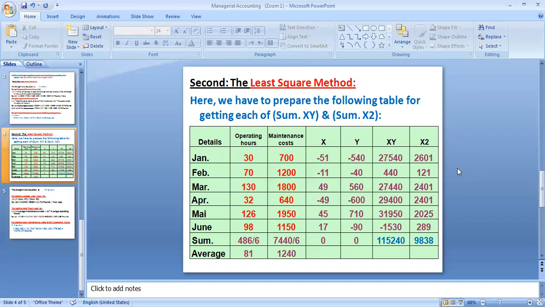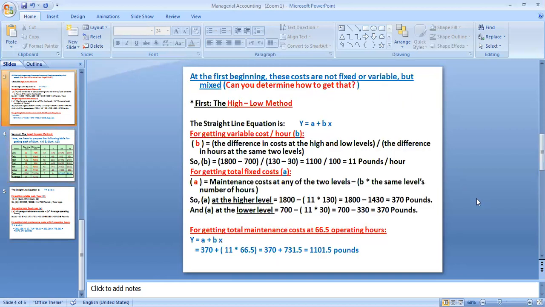How to prepare it? It's very important to concentrate with me. Please concentrate well to understand it. It's very easy, but it needs many steps to fulfill. These are the number of hours and these are the maintenance costs that I have in the example.